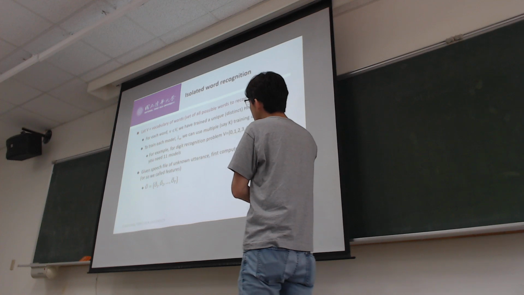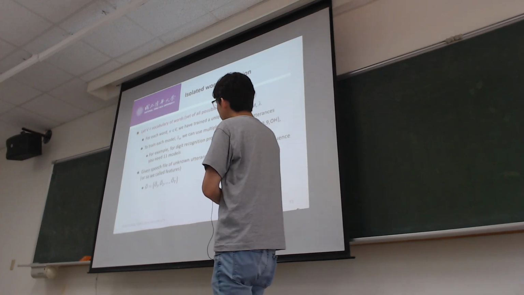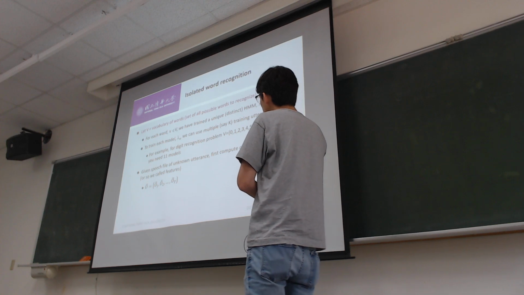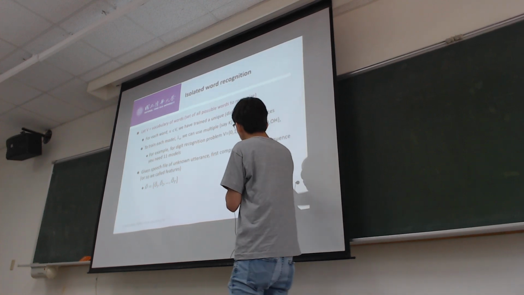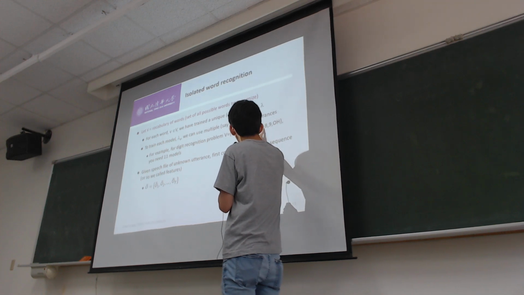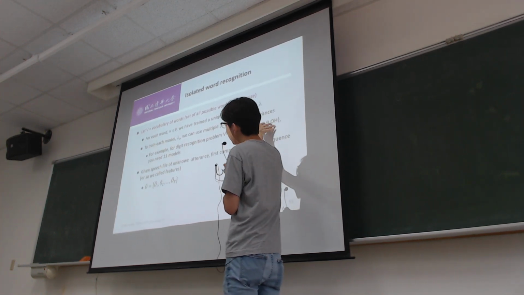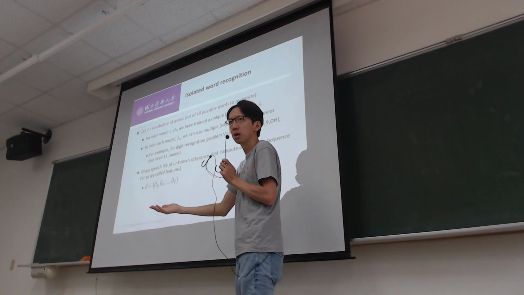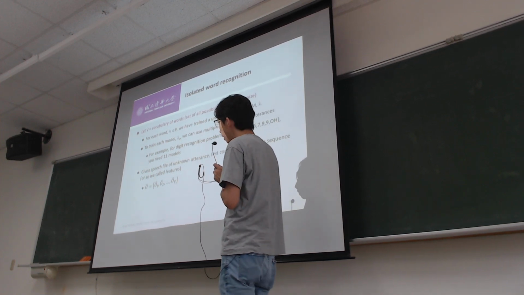For each word, you can train a unique DHMM model, and to train each model, you can use multiple, say K, training utterances. For digit recognition, maybe you have 0, 1, 2, 3, 4, 5, 6, 7, 8, 9, or 10, so in this case you have 11 models. These are single digits, what we call isolated word recognition.